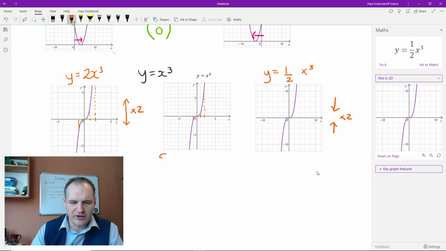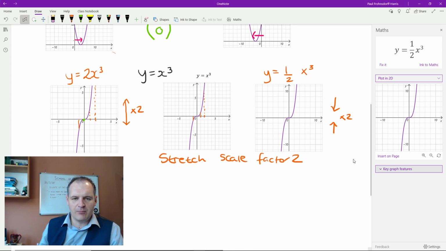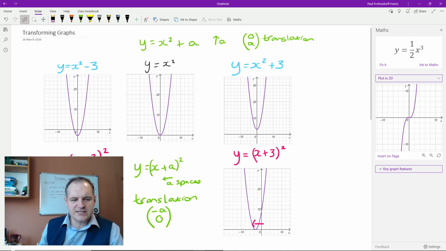And we call this a stretch scale factor 2. So far, we've seen that if you have a number multiplied by the x cubed, it stretches it, and half it scrunches it together. If you have the numbers inside a bracket, it goes left or right. And if you've got a number outside the bracket, it goes up or down.